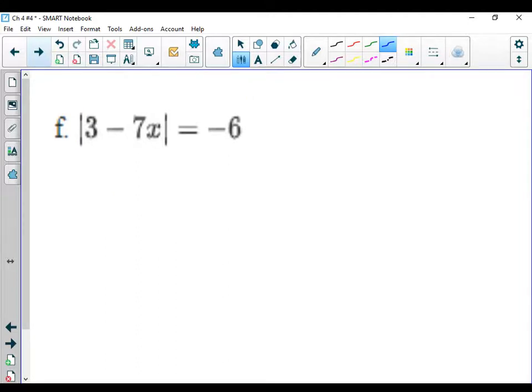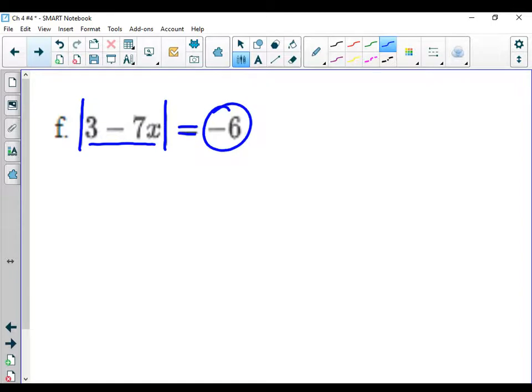All right, part F. We see that absolute value. So in the back of our mind, we're probably thinking, all right, I got two situations. But before we start jumping out to break steps, look at what they're asking you to do. They want you to find some value here where we take the absolute value of it and end up with a negative 6.